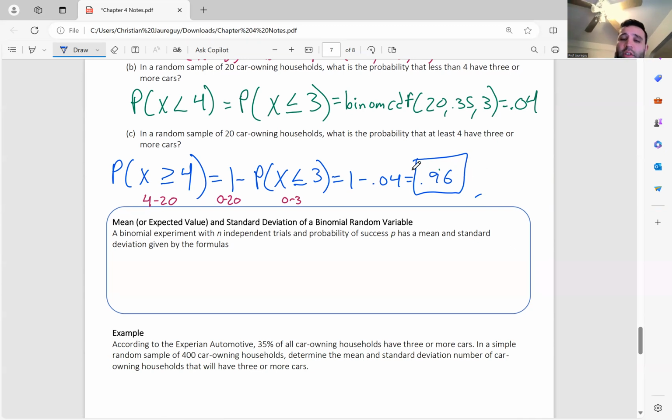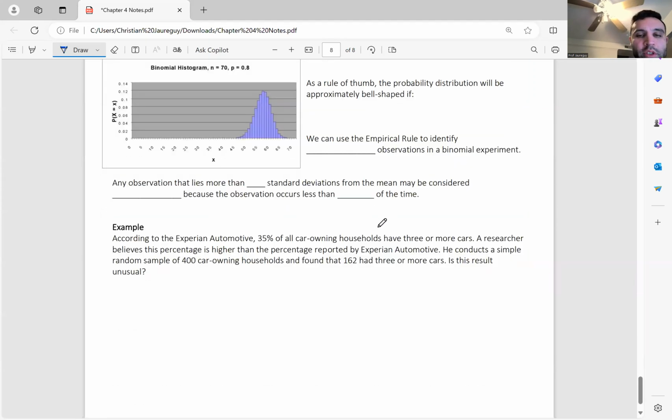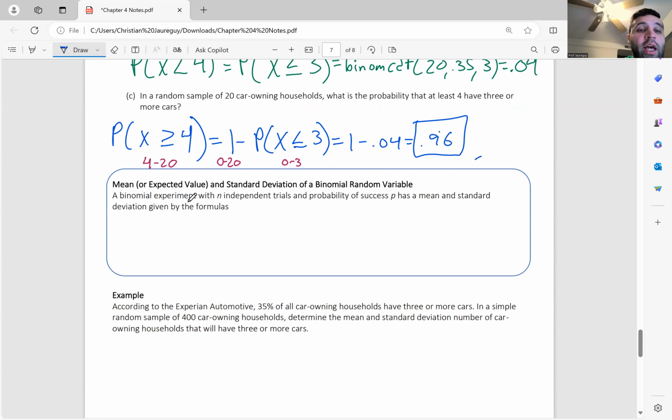A couple other things before we finish up here with binomial distributions. The mean and standard deviation, very easy to find. Right? Before we had to plug it in our lists, x times probability of x. And again, if n was like 30 or 40, that's a big list to enter.